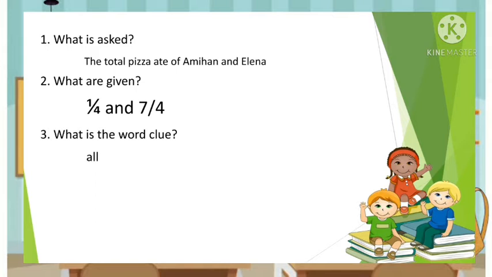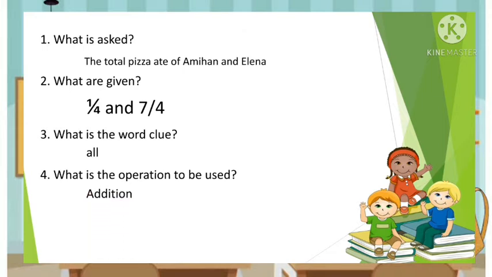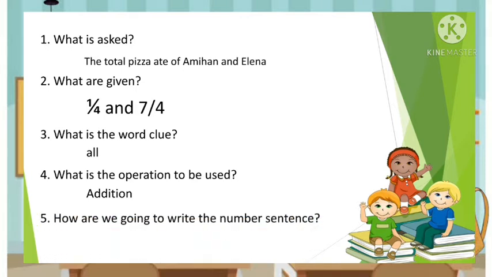Yes, it is "all." Number 4. What is the operation to be used? It is addition. Correct. And number 5. How are we going to write the number sentence? Yes, it is 1/4 plus 7/4 equals n.